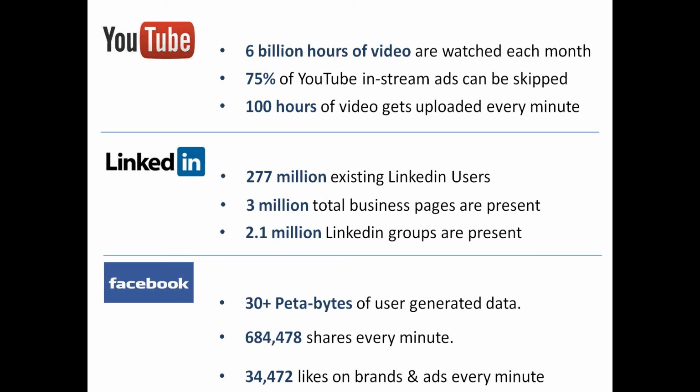There are a lot of other sources of data, like hours and hours of videos on YouTube. We have a lot of connections on LinkedIn. Facebook has a lot of status updates, comments, likes. Interestingly, Facebook is one of the biggest generators of data and also one of the biggest solution providers for big data problems.